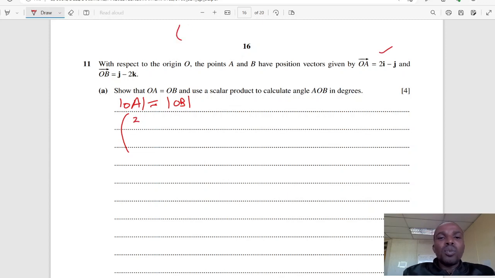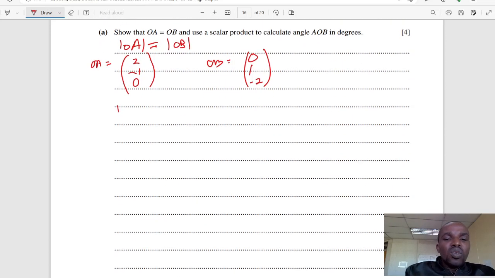Your vector is supposed to be in terms of i, j, and k. It's supposed to be in this form always. So for OA, i is 2, j is minus 1, k is 0. Then OB is this one: there is no i, which means 0, then j is 1, then k is minus 2.